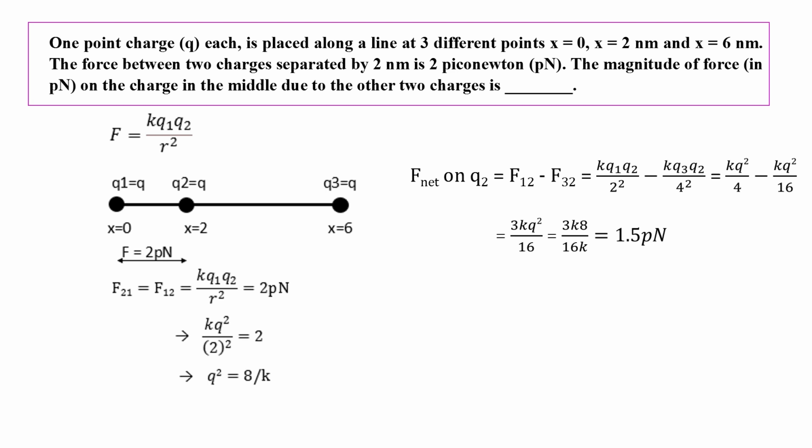In this case, Q square comes out to be 8 by K. Now we know that the F net on Q2 will be F12 minus F32, that is K Q1 Q2 by 2 square minus K Q3 Q2 by 4 square. So solving this, you will find that F net on Q2 will come out to be 1.5 piconewton. The answer is 1.5.